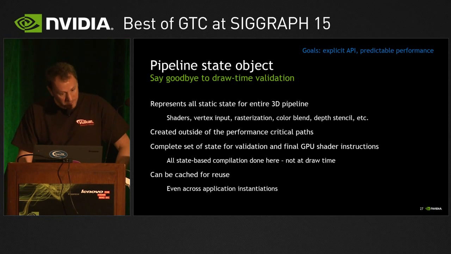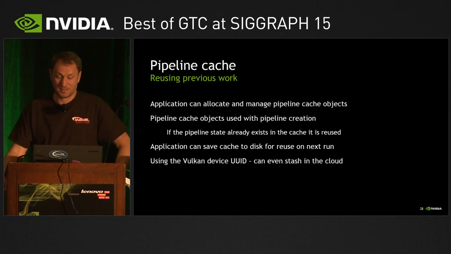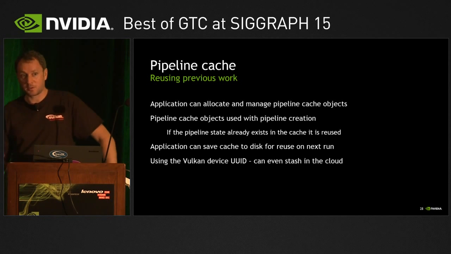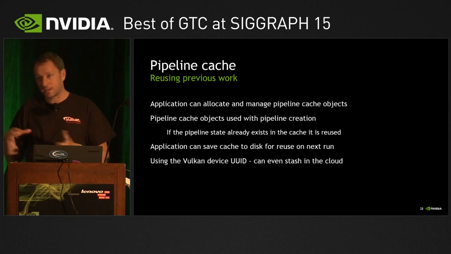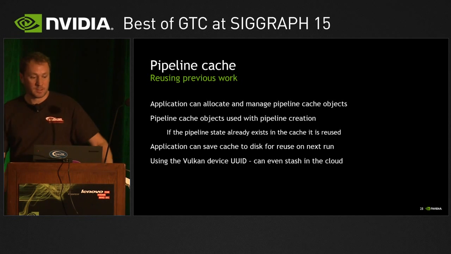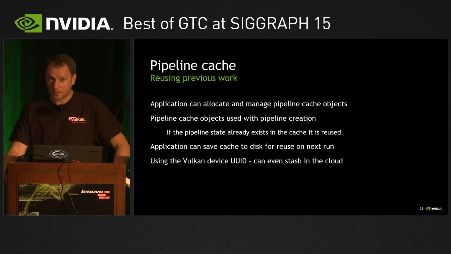And the other cool thing about pipeline state objects is that they can be cached, which is really cool. Which means when an application builds its pipeline state objects, which can be a lot of work, because don't forget, we were compiling our SPIR-V down to machine code and figuring out all those different states and how to program all the hardware and baking that into the pipeline state object. There can be a lot of work going on.